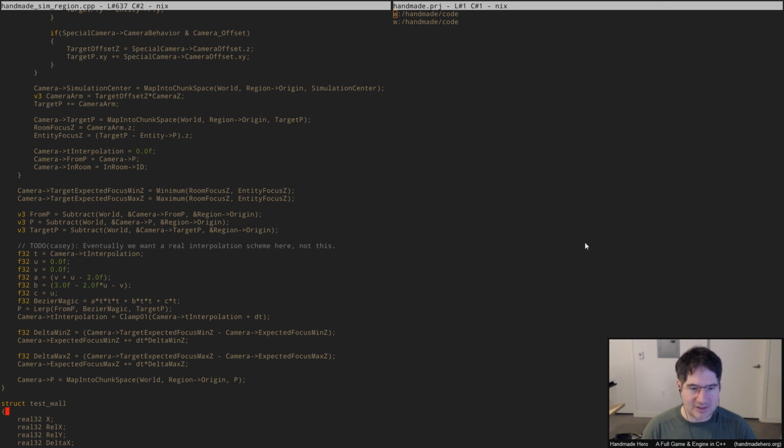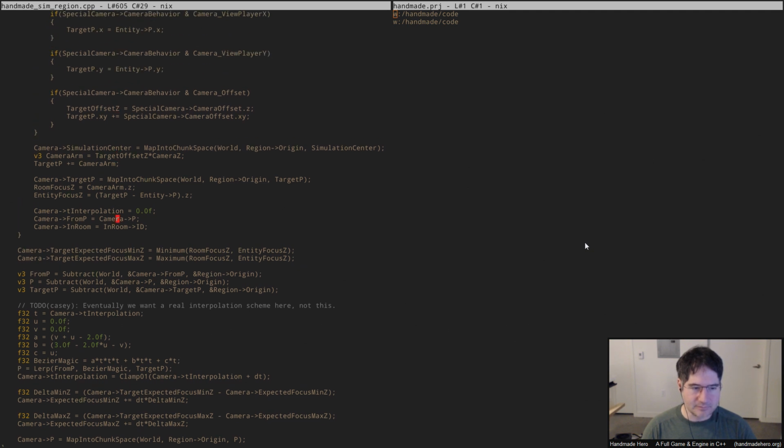So, yeah, like effectively we would say something like, if the target and the camera are close enough to each other and t equals 1, then we just set them equal to each other. Otherwise, we update the target. I know this sounds a little bit weird, but that's basically what we would be doing there.